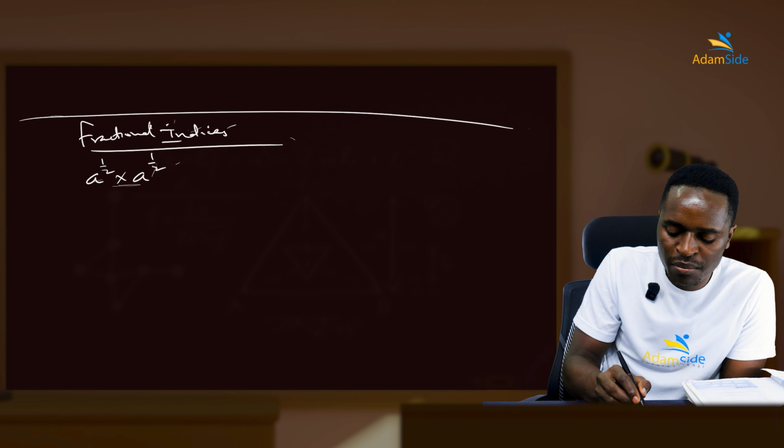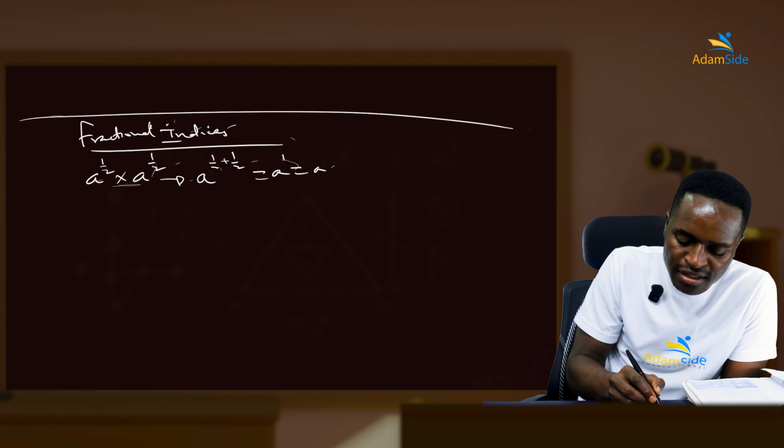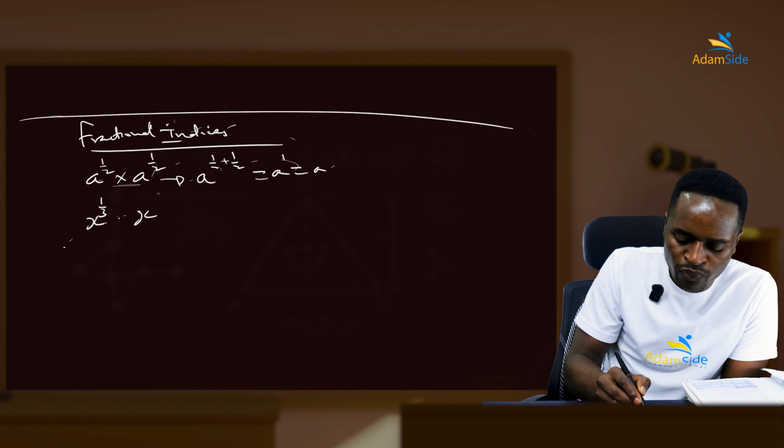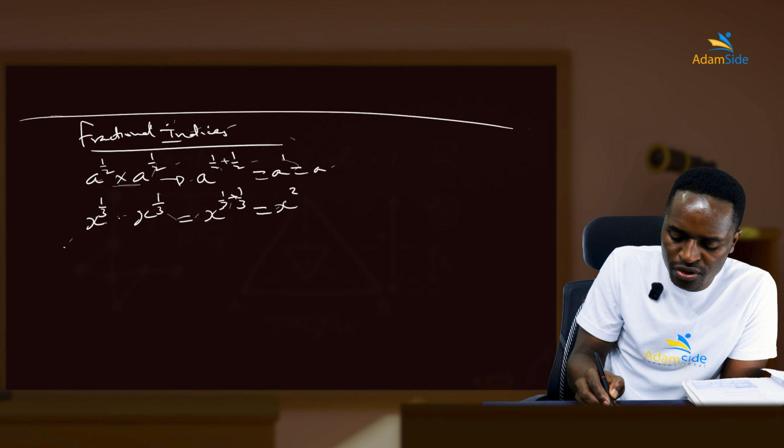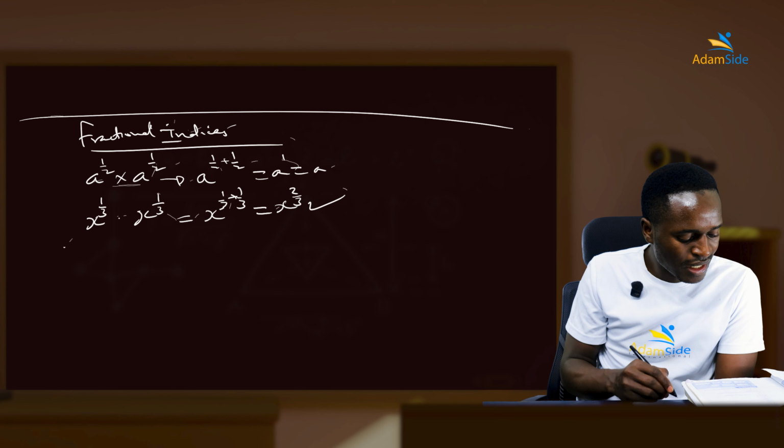These are numbers with the same base, so you keep the base the same and add the powers, and you get a power 1, which is the same as a. If you have x power 1 out of 3 times x power 1 out of 3, you keep the base x and add the powers, so it's x power 2 over 3, and you get your answer.